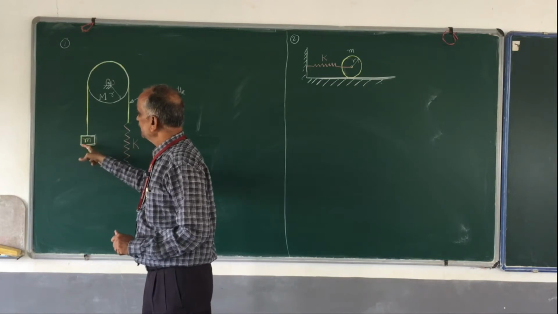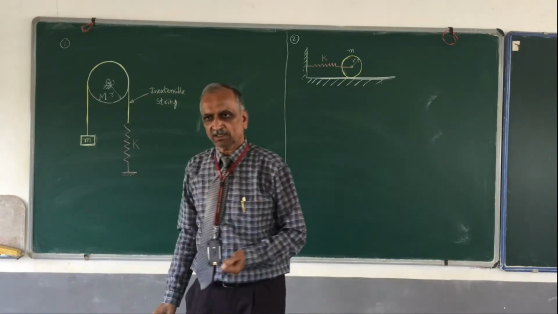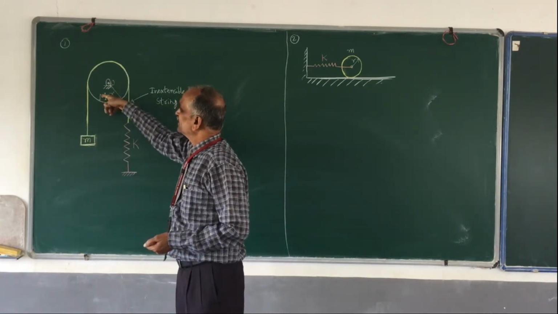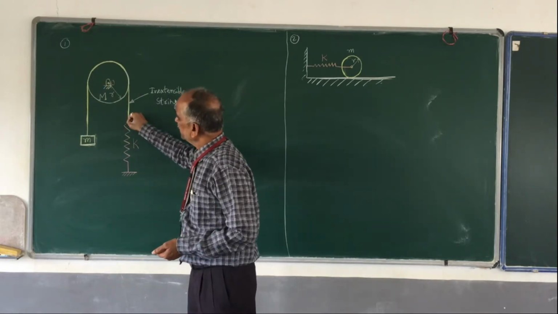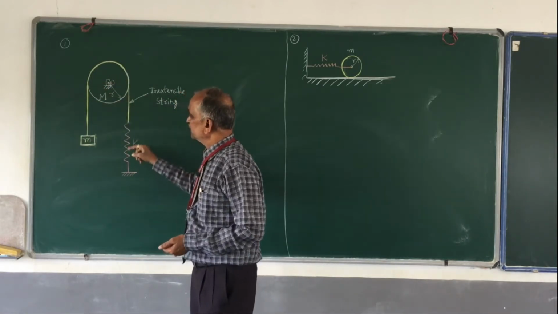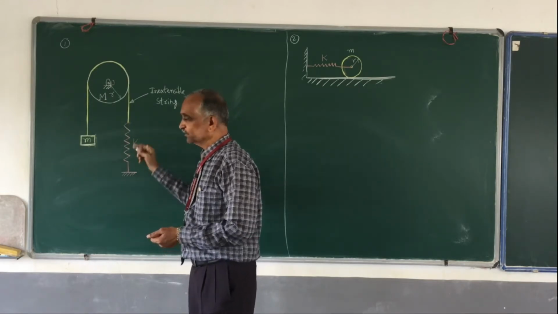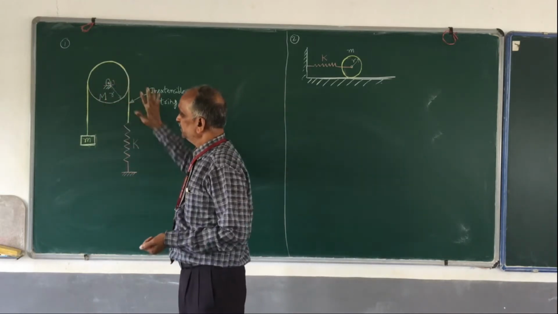Then to one end of the string, a point mass has been attached, and that mass is small m, and this is capital M, the mass of this pulley. And at the other end of this inextensible string, there is a spring here whose stiffness is K. This is how the system is.